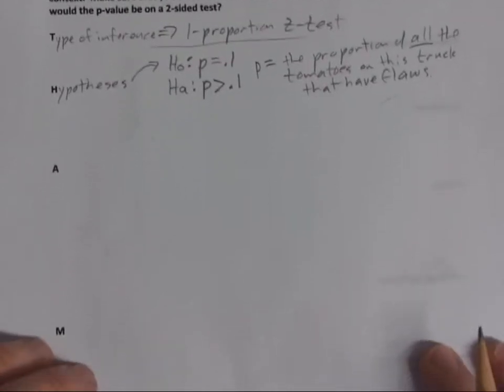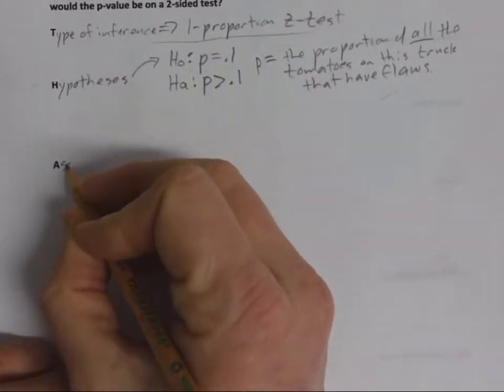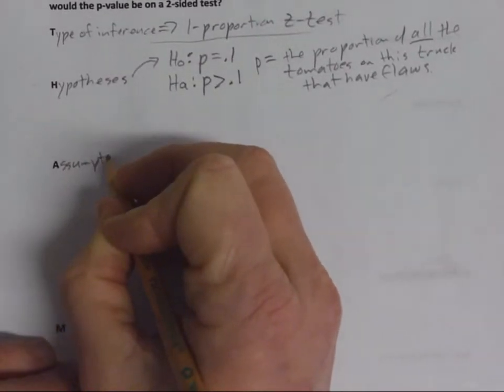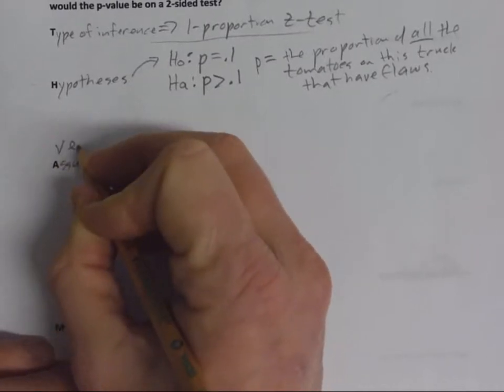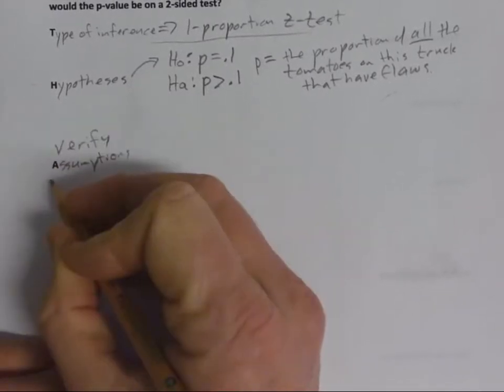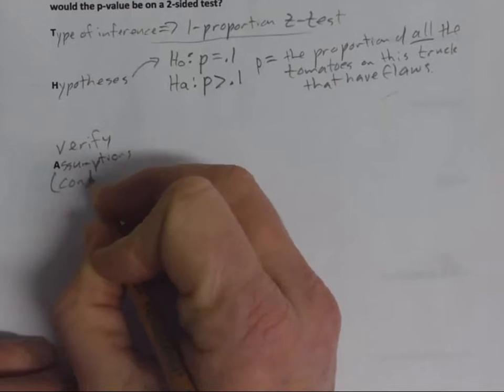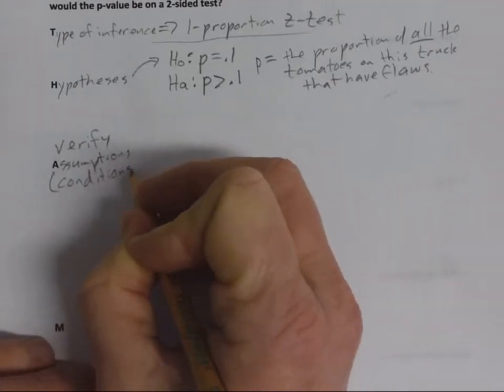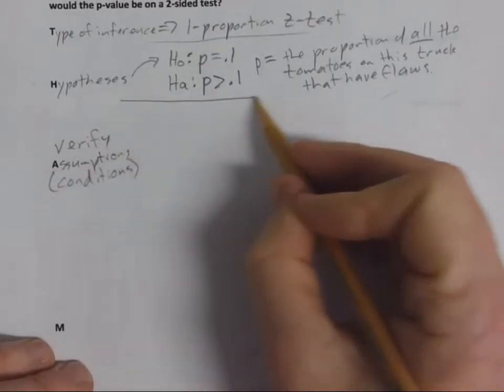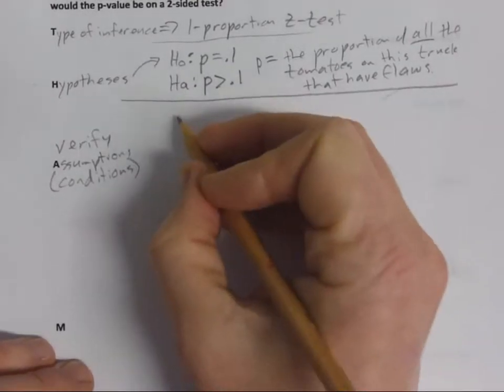Now, the next section is very similar, and it's really the most involved section in our inferences, and that is to verify our assumptions, otherwise known as our conditions. It's really similar to what it has been in chapter 8, and that is SIN.